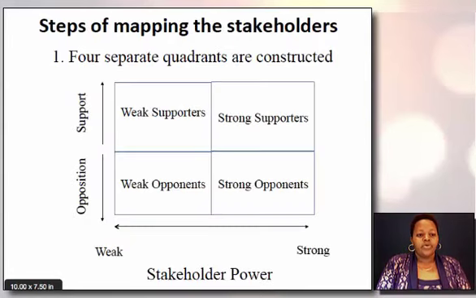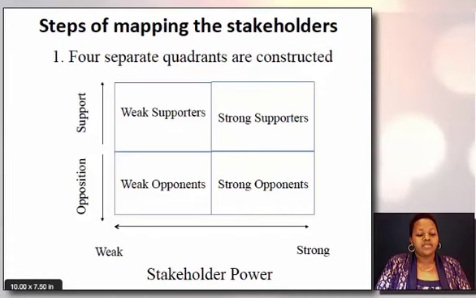In order to make this analysis, there are some steps which we need to follow. The first step is to construct a four-quadrant grid. We separate it into four quadrants. The first one is for weak supporters.